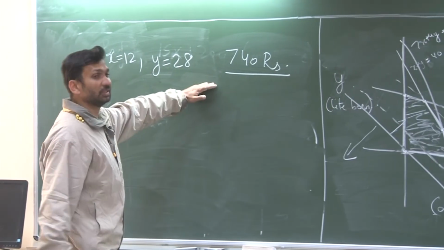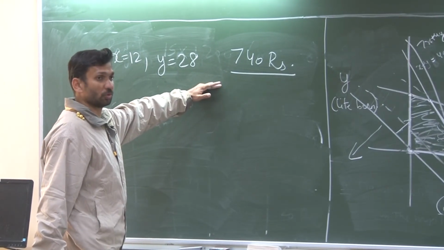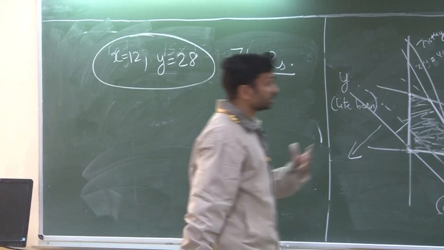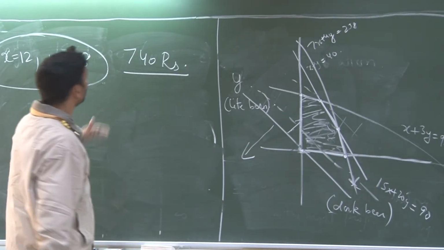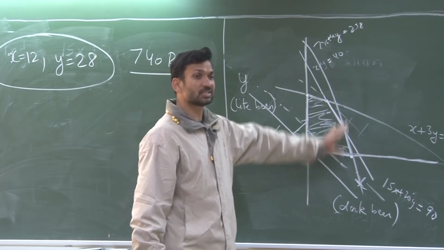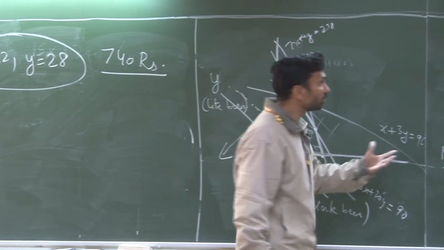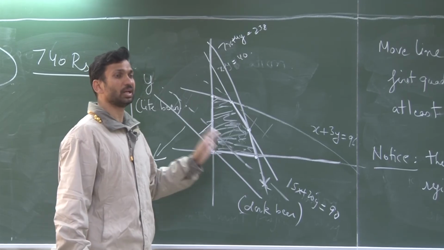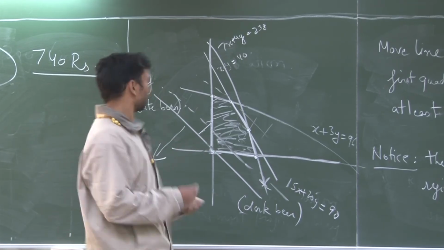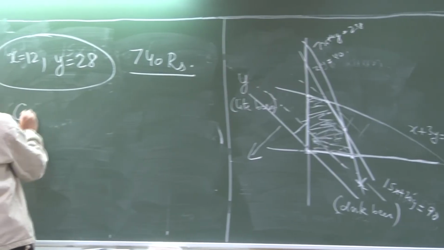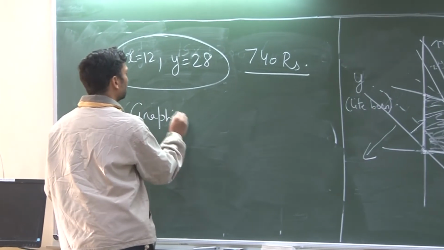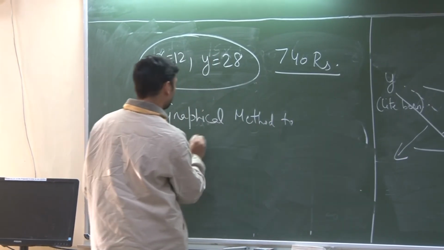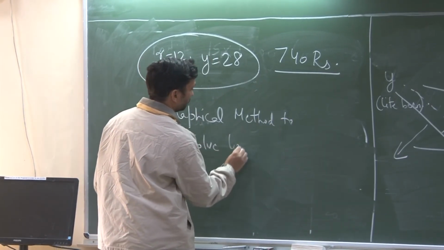But here we get much more profit. And again, this was possible because we had this nice geometry, this nice observation that the best solution will be on one of the vertices, and you can calculate this vertex. This is generally called the graphical method to solve linear programs.